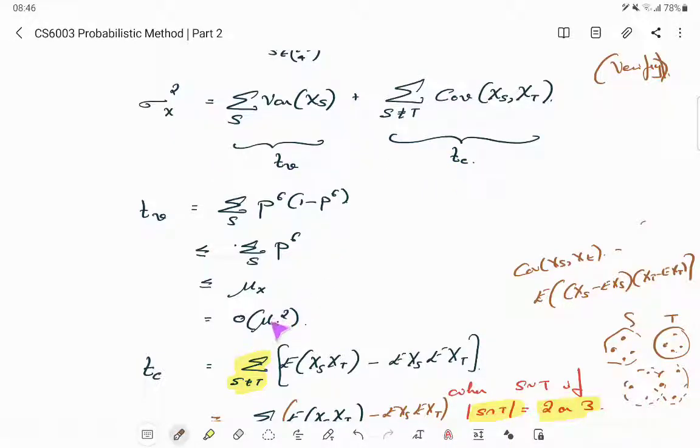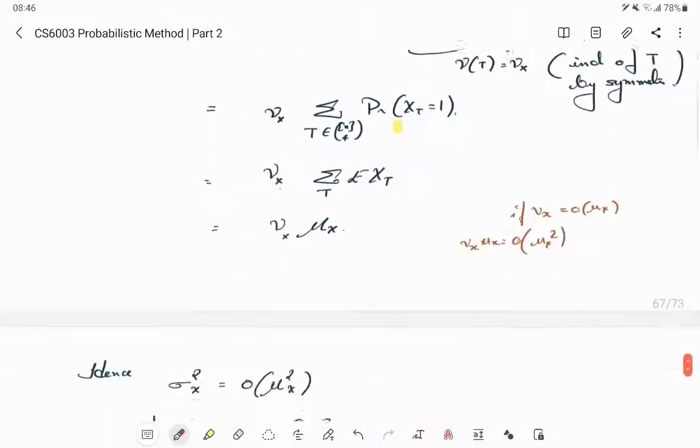TV we already saw is little o of mu squared. If we can show that this is also little o of mu squared, this is a sum of two little o of mu squareds, which would be a little o of mu squared.